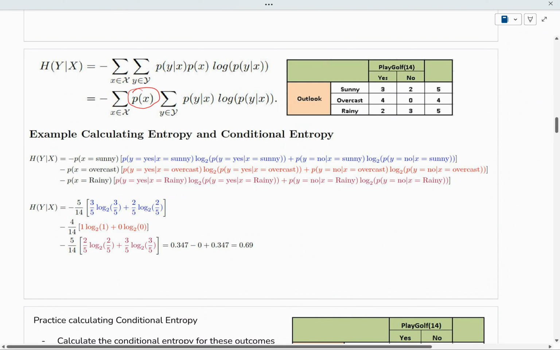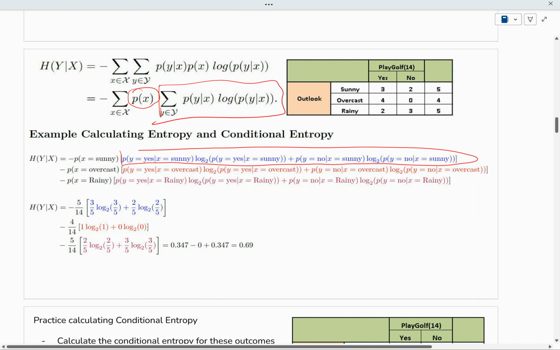The probability of x has three possibilities: sunny, overcast, and rainy. You loop through these events. Notice all the blue ones are given that x is sunny. Then you calculate the conditional entropy. If you did this correctly, you should get this result for log base 2.